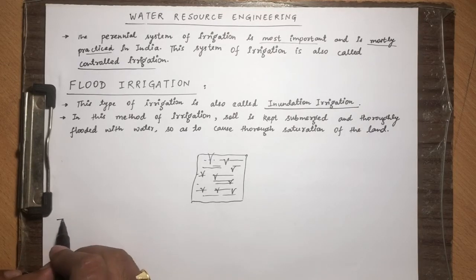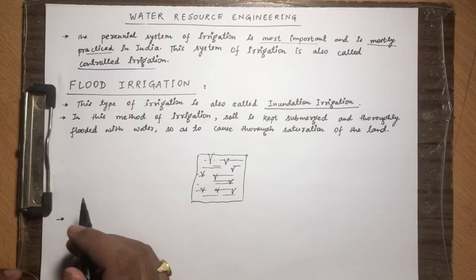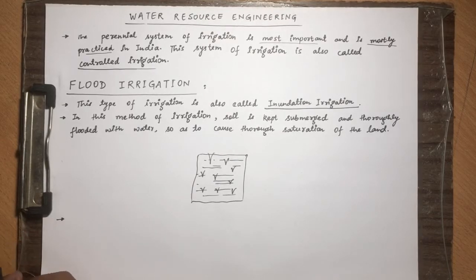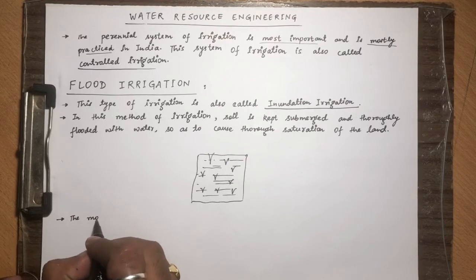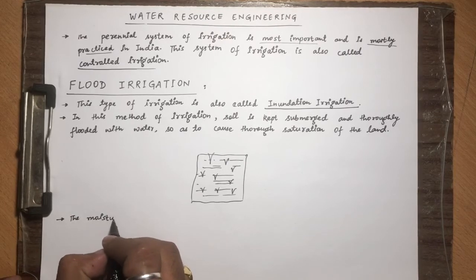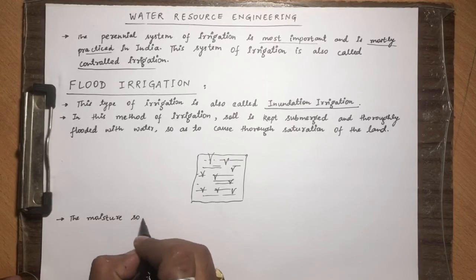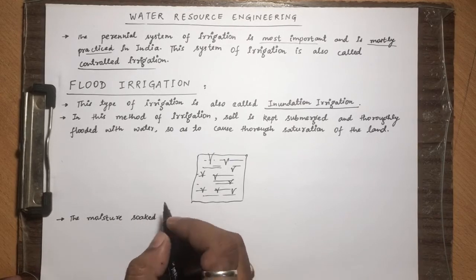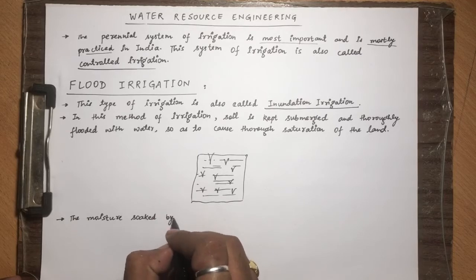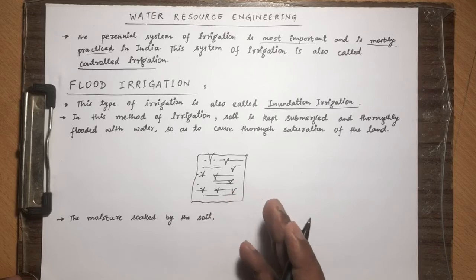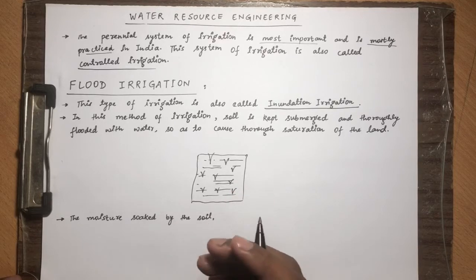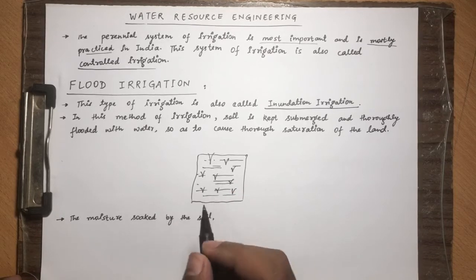So next point. See, this subject is very theoretical, so I will be writing down the things, and if some point is there, I will just let you understand. The moisture soaked by the soil. Soil is there, water is there, so the soil voids get filled with water.